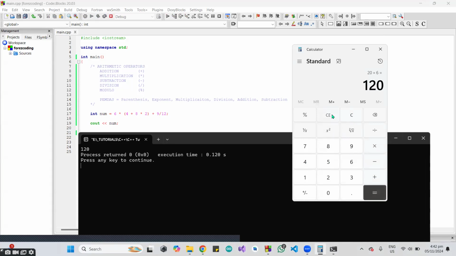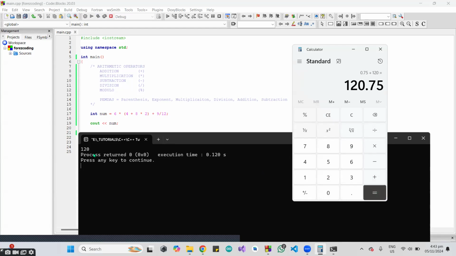And then we add the number right after we divide 9 by 12. So 9 divided by 12 equals 0.75, plus 120, which is the number out of this equation. Okay? So if we sum up, we got 120.75.